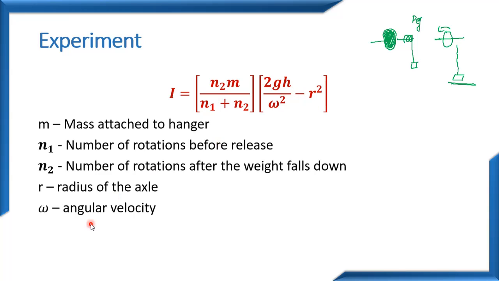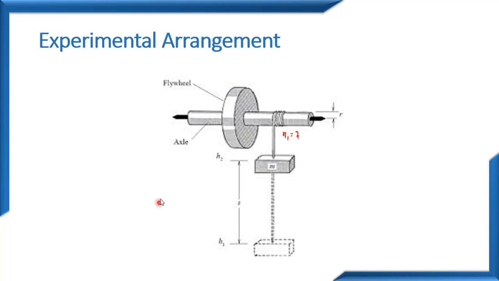r here is the radius of the axle, and this radius of the axle is actually measured using a vernier caliper. Hope you remember in our flywheel, this is the axle. So the axle is not something one dimensional, it has some kind of a thickness.